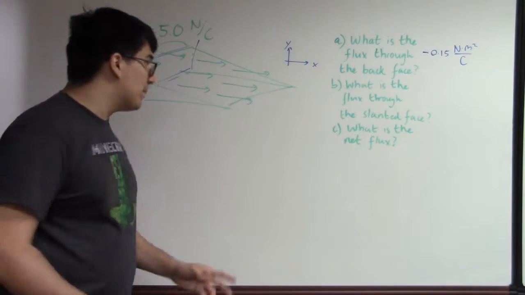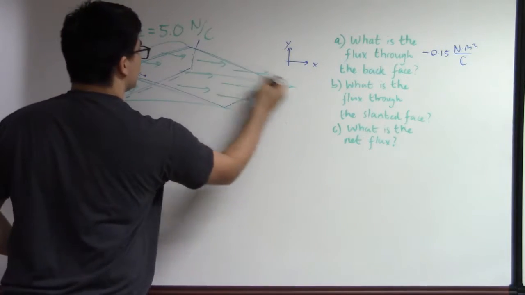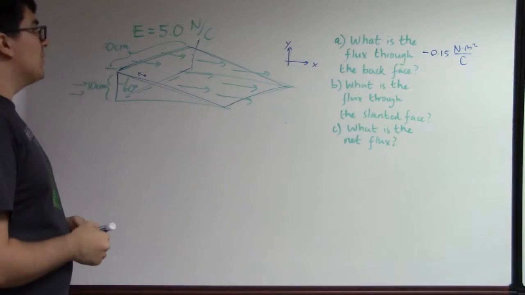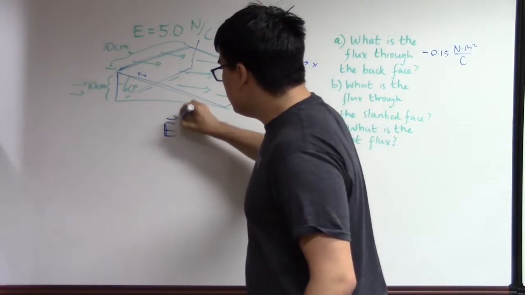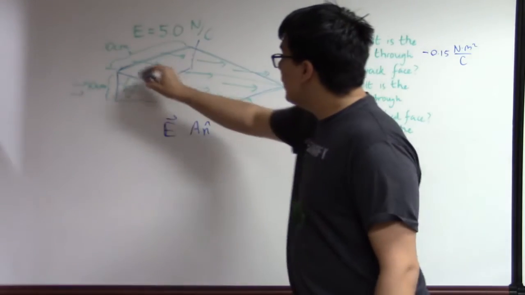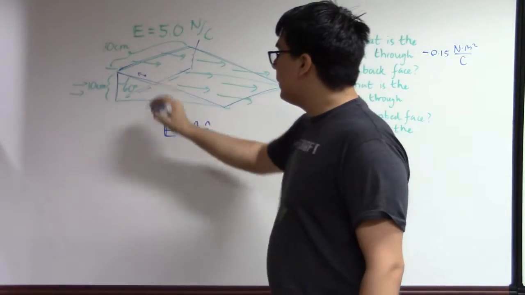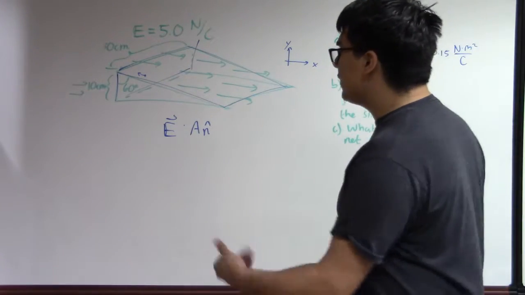Alright, so for the second part of this question, we're trying to find the flux through this slanted face. Again, our flux is going to be E dot A n hat, essentially. The area of this face is going to be a little bit more complicated because we don't know the length of this hypotenuse right here. But we can figure this out.